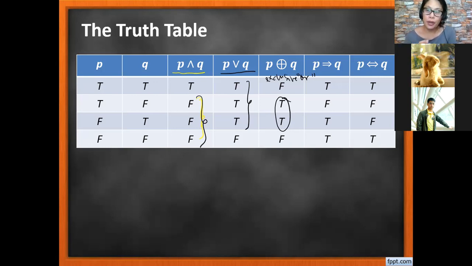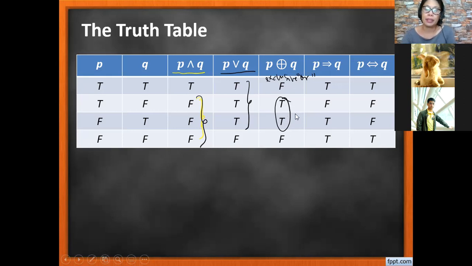Now, considering both statements to be true or both statements to be false is not an option for exclusive or. So there should be one true and one false in order for either P or Q to be considered true. Clear?